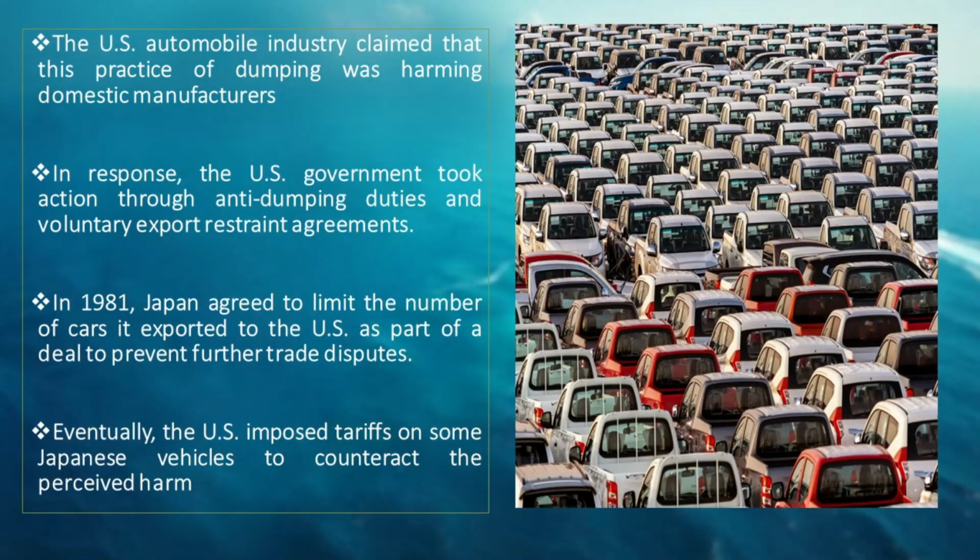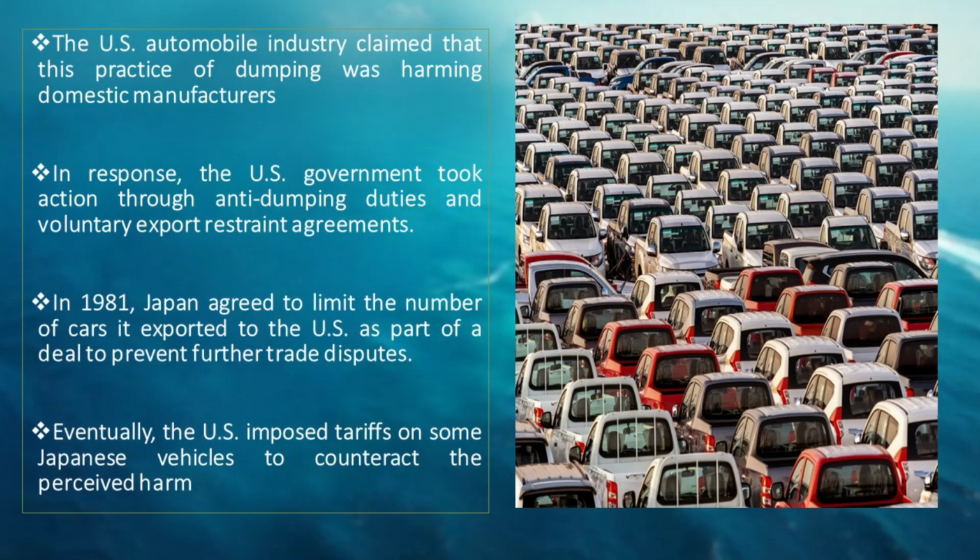The US automobile industry claimed that this practice of dumping was harming domestic manufacturers as consumers increasingly preferred more affordable, fuel-efficient cars from Japan. This led to a rise in unemployment and a reduction in the market share of US automakers. What did the US government do in response, to protect domestic producers?